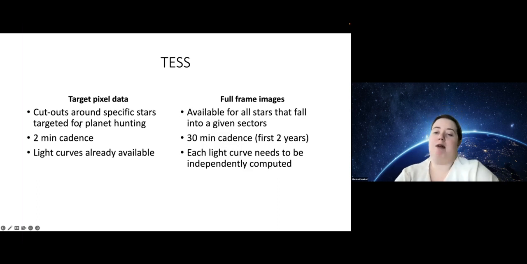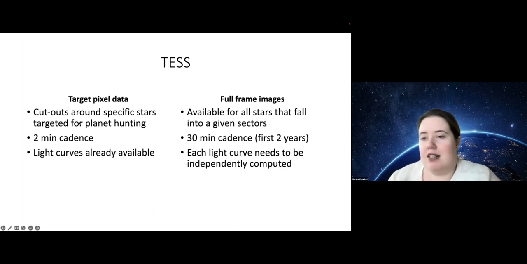There are also full frame images. So the entire footprint of TESS that it's observing at a given time, it's recording this entire 24 by 96 degree field with a cadence of around 30 minutes for the first 2 years. Then it has increased the cadence, currently to around 2 minutes, I think, as well.